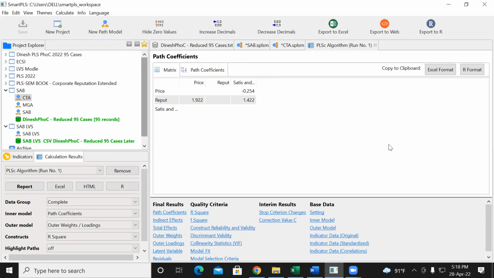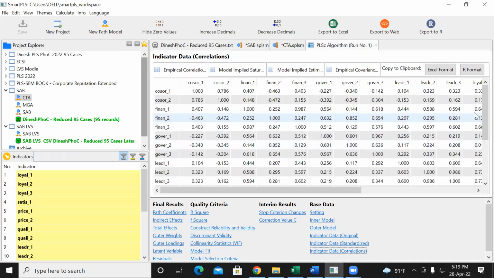When you get the reports, go to correlations. You can see under base data, in the reports, the last item, indicator data correlations. These are simple correlations between variables.